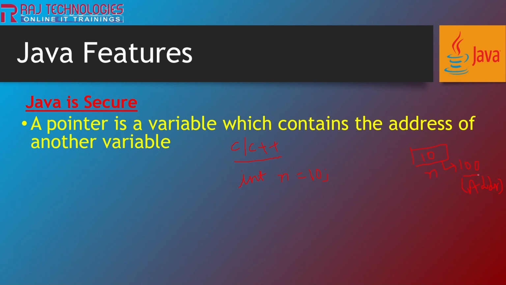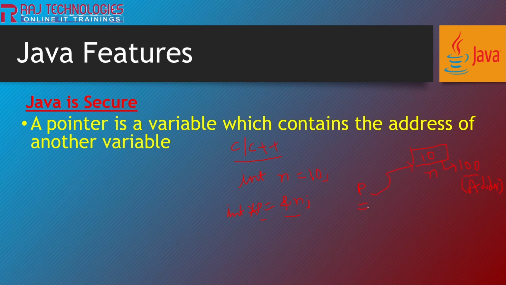Now we want to take this address and store it into some other variable. To take the address of a variable in C and C++, we use the ampersand, &n. When we use &n, it takes the address of the n variable, which is 100, and we can store it into some other variable: int *p = &n. This p we call a pointer, which contains the address of some other variable. Now this p is pointing to this memory location.